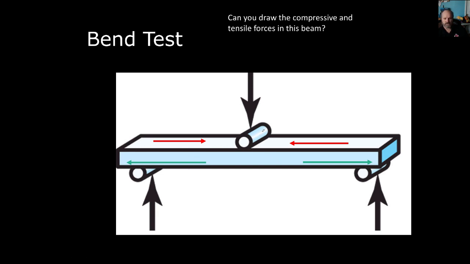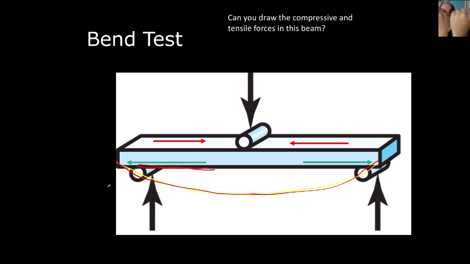So you can see as I push down on this thing, this surface here is going to want to bend. It's getting longer, so you get this nice curve going. This bottom part of the plank is trying to get longer, so it's like it's under tensile testing.